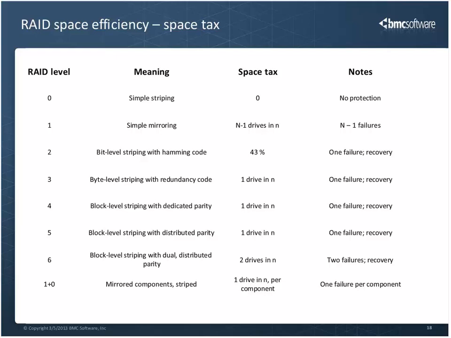Most of the arrays have a mode in which they can automatically integrate a spare disk into the RAID group and start rebuilding. So there's a process that takes hours, and during that process, certain bits from existing disks are replicated on the new disk, and data is moved around so that you get back to the original RAID 5 configuration with full protection. But until that happens, you are in this degraded state.